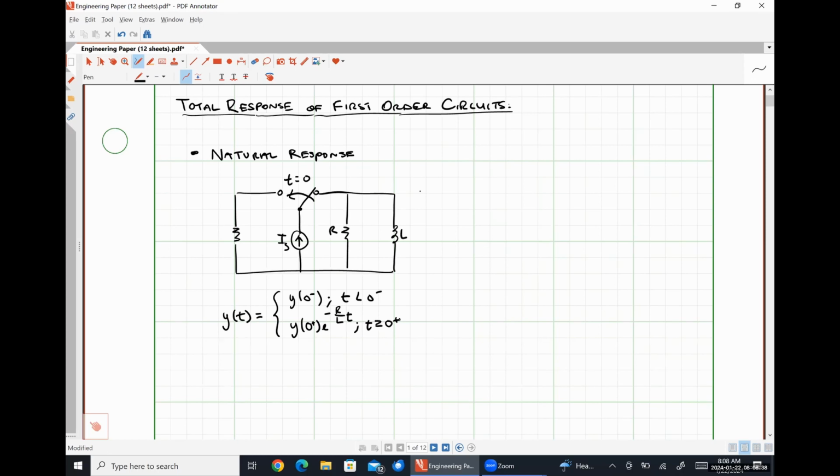And then we also talked about RC circuits, which would have been something like this. Switch opening at t equals 0.